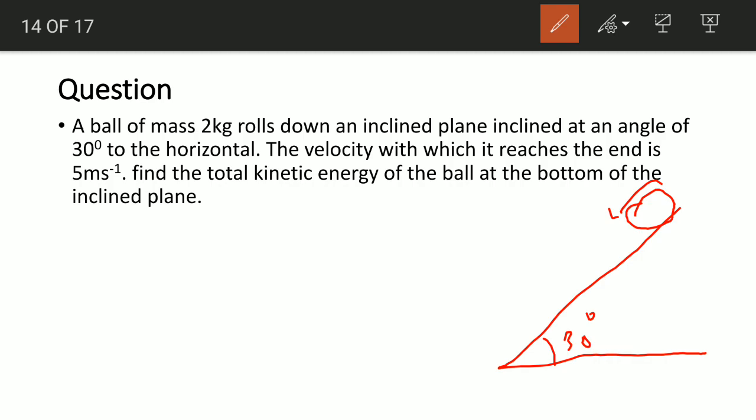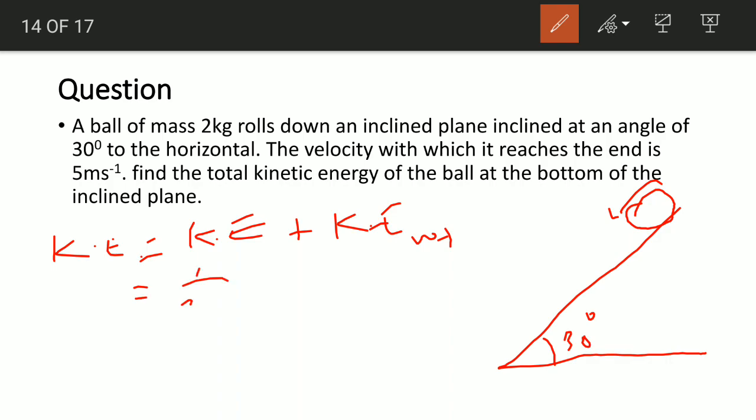Now we say that the total KE is equal to the linear KE plus the rotational KE. Linear KE, because it's translating, going from one point to another. Then rotational KE, because it is rotating about an axis.